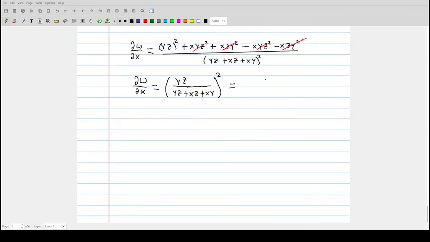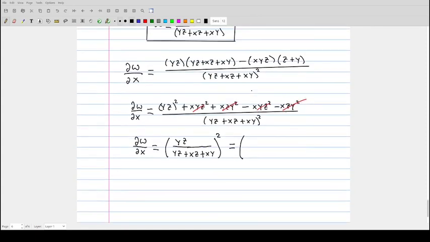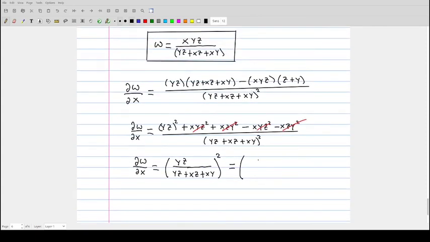And if you plug that in to verify that this is giving you the exact same thing, you remember we solved for w as xyz over yz plus xz plus xy. This is just plugging in for w over x squared.